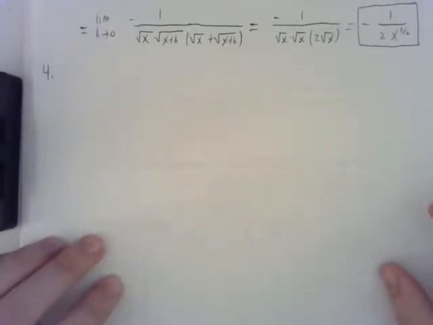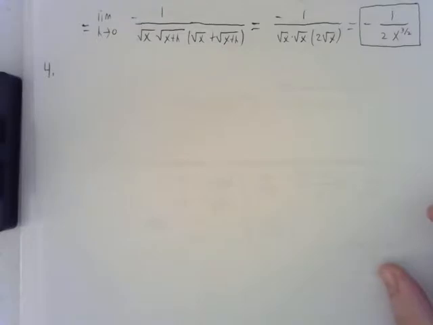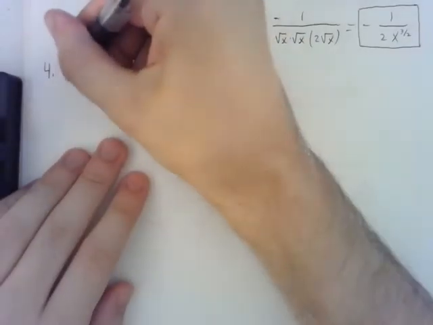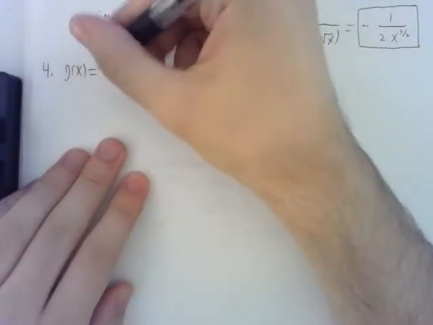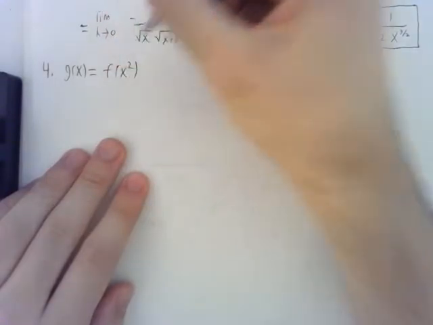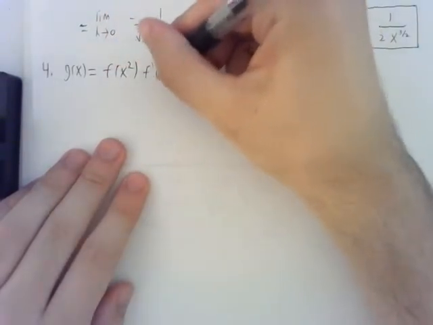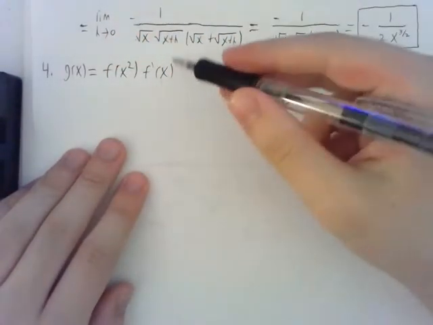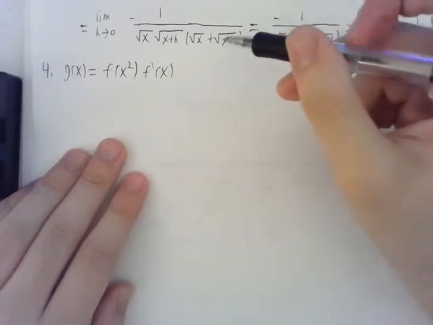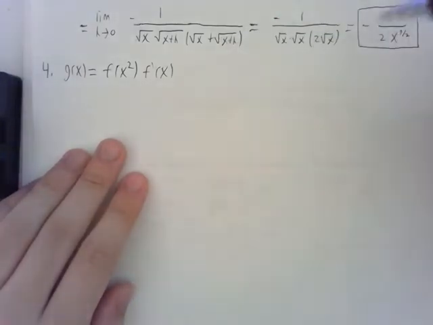Alright, so we're looking at problem 4 from the first exam. We're given a function g of x equals f of x squared times f prime of x, and we're told that f of x is a function which is twice differentiable, and we're given some values.